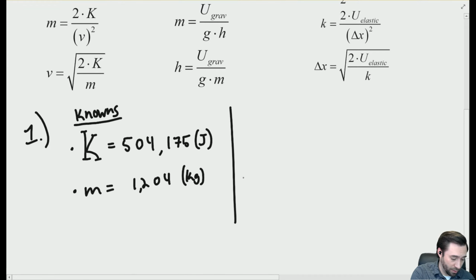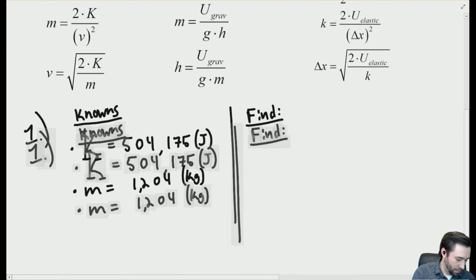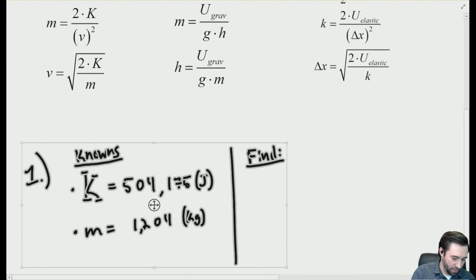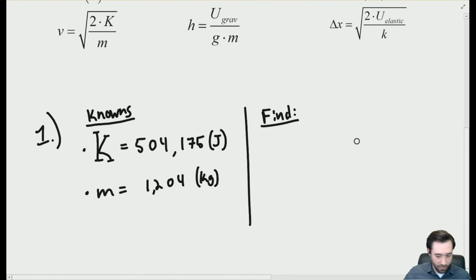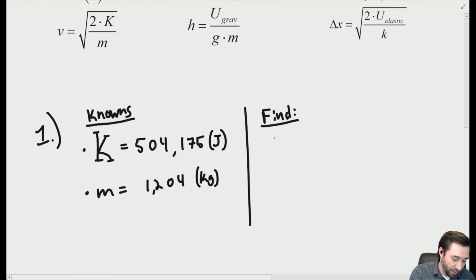And then I need to figure out what I need to find. All right. So it says, what would the velocity have to be? So I need to find velocity.